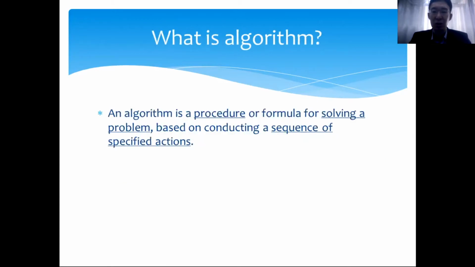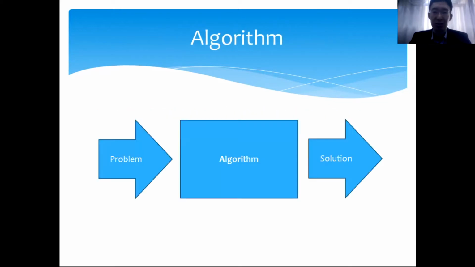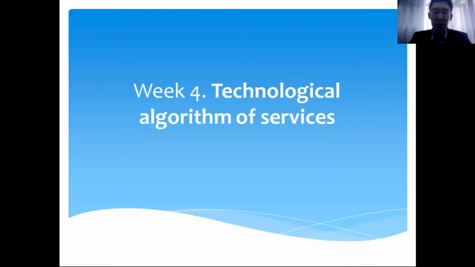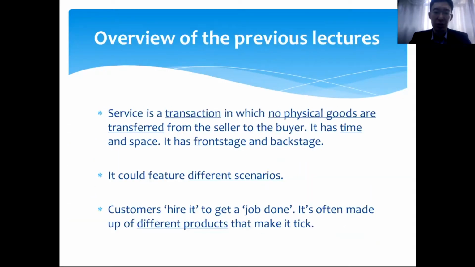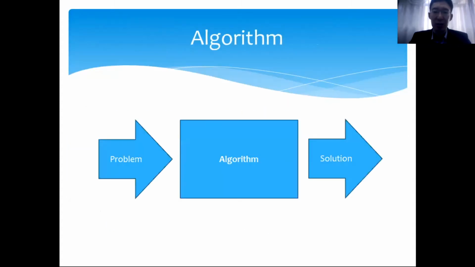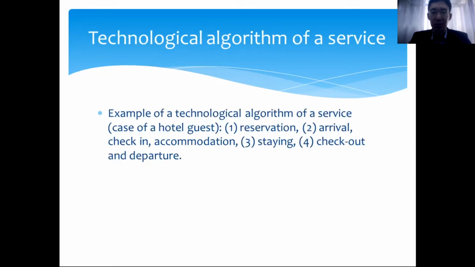So how this solution is basically done, what procedures it has passed in order to make the job done. As we said before, in services the customer hires us to get the job done. So the problem is why they hire us, and the solution is the job done. And algorithm is how it's done.